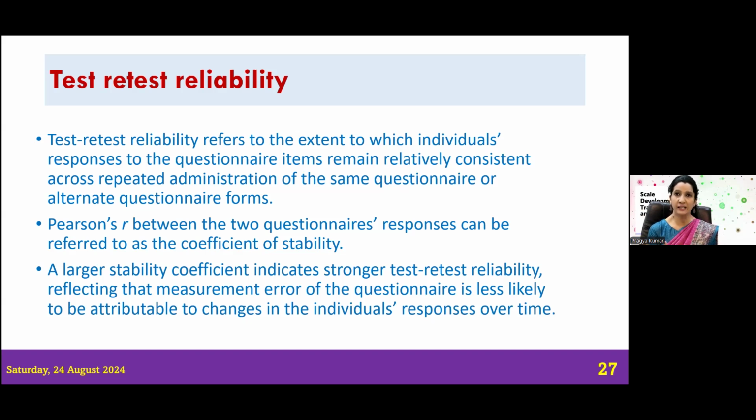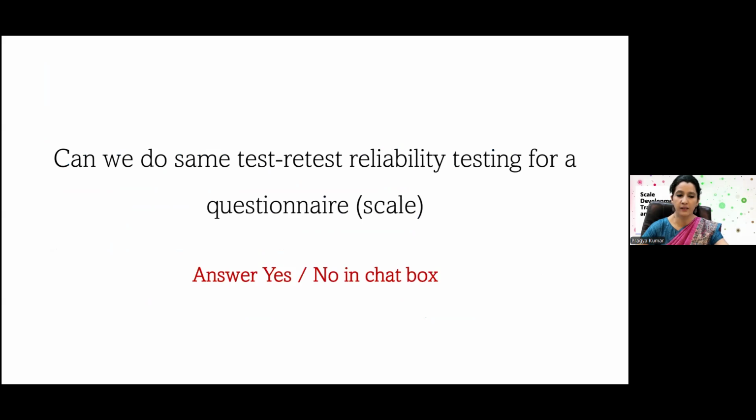So generally, test retest reliability, an alternate form, and split half reliability are done when you are developing a new scale from scratch. Probably, I don't know whether the nomophobia scale developers have calculated this test retest or not, but ideally when you are developing a scale from scratch, you should report this test retest reliability and split half reliability. Okay.